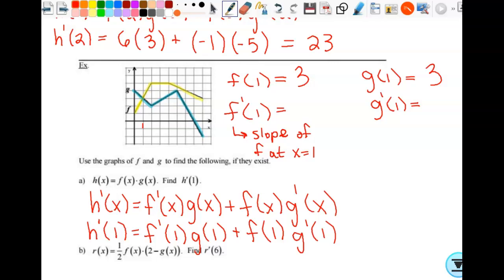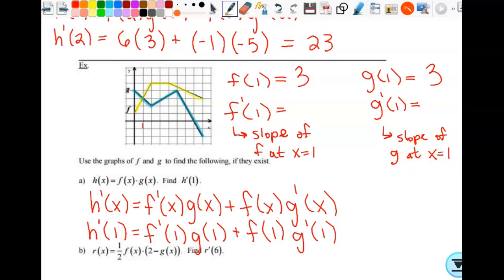And we have a piecewise linear function, so we can find the slope of each segment. And likewise, when I need g prime, I need to find the slope of g at x equals 1.